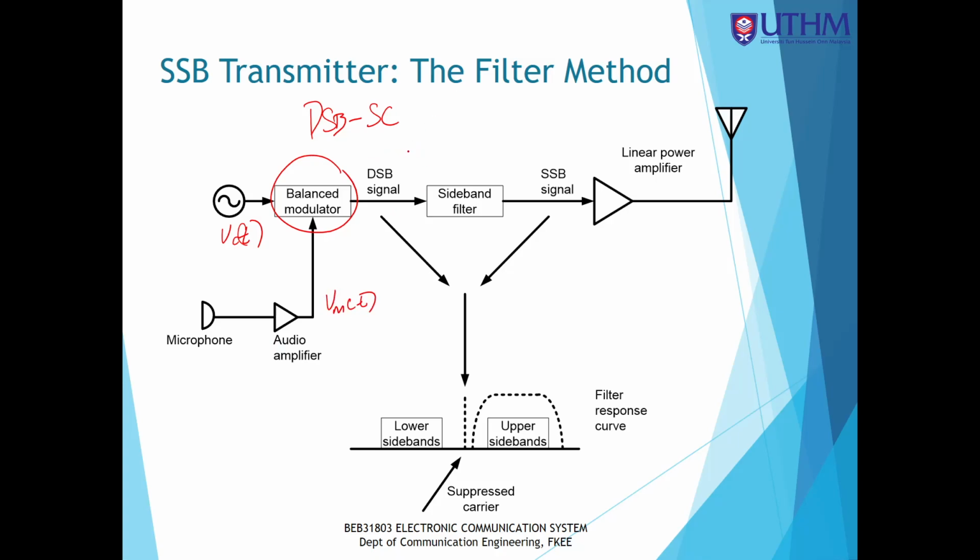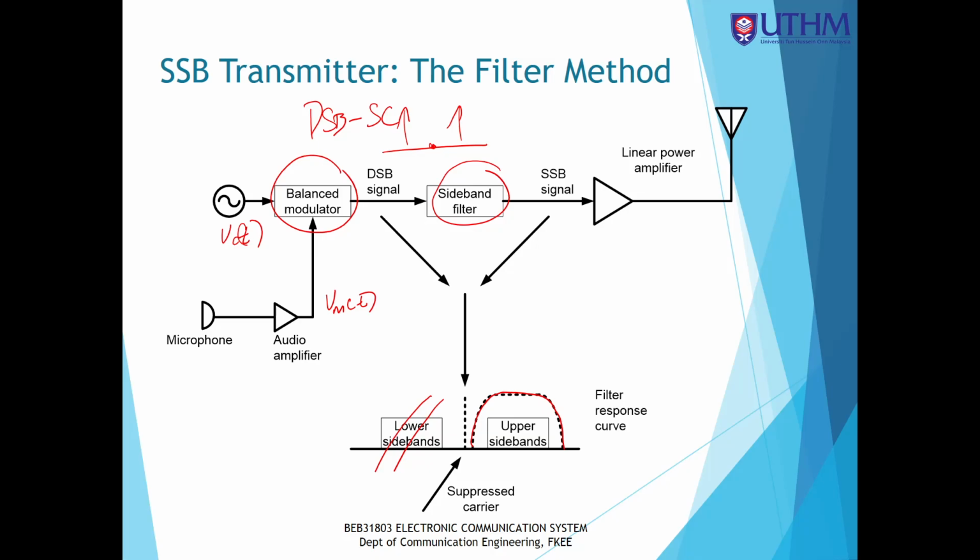Here we produce a double sideband suppressed carrier, so we have two sidebands without the carrier component, and then we use a filter to choose the sideband that we want and to remove the unwanted sideband. So in this example, it will select the upper sideband and remove the lower sideband.